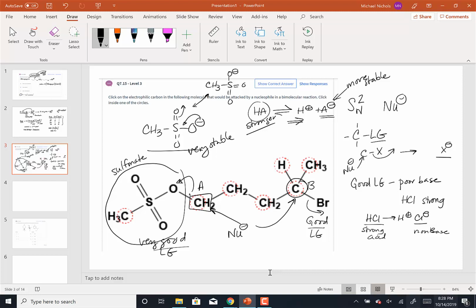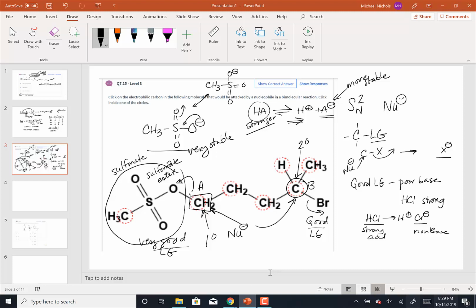And this whole molecule would be called a sulfonic ester. Or actually it'd be called a sulfonate ester. The other thing that A has going for it is what kind of carbon is attached to the sulfonate group, a primary. What kind of a carbon is attached to the bromine, a secondary.